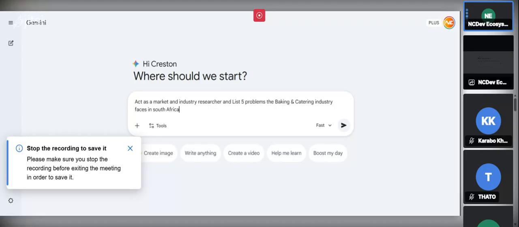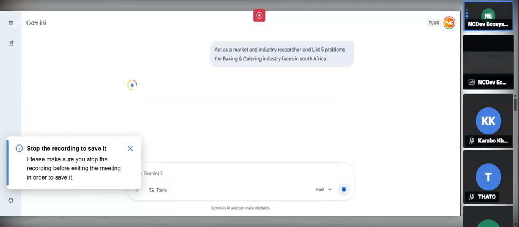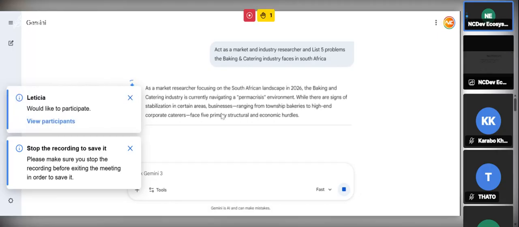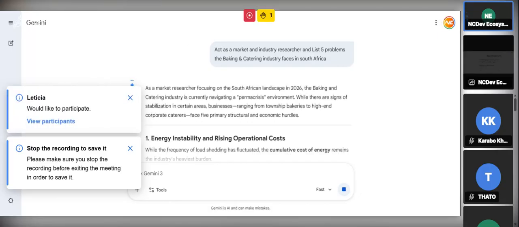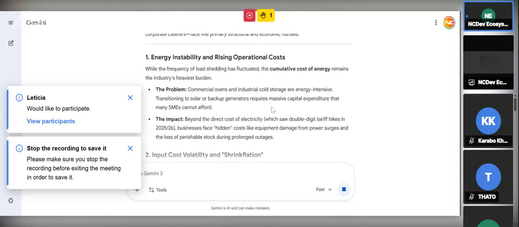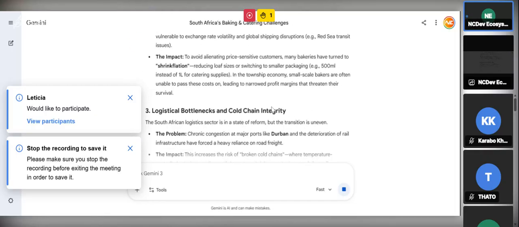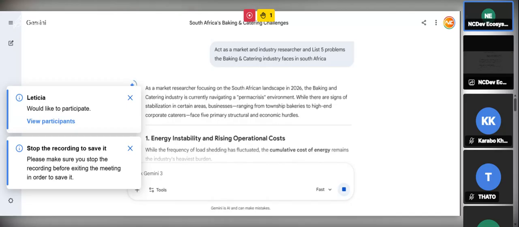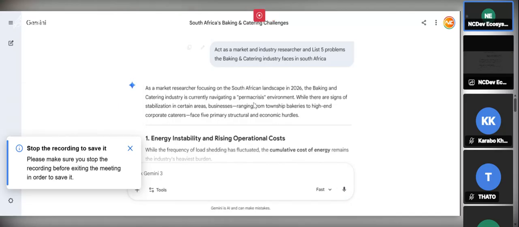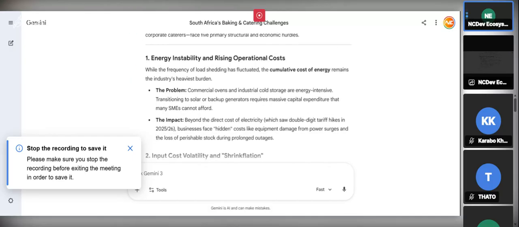So this is what we're going to start off with, just identifying the problems in the baking and catering industry in South Africa. And then it can give us answers.